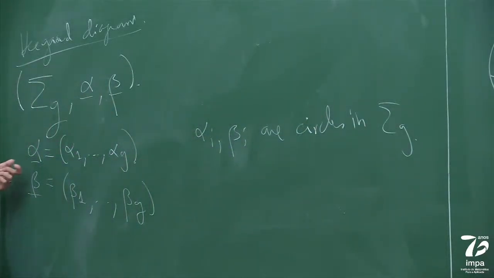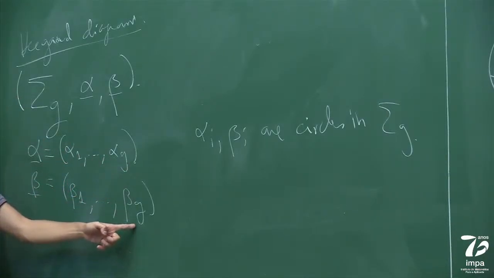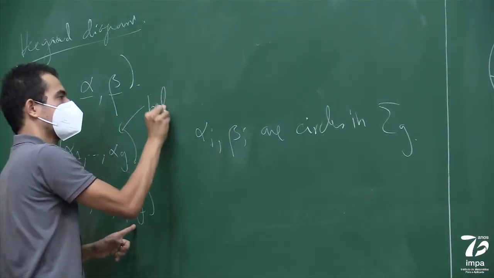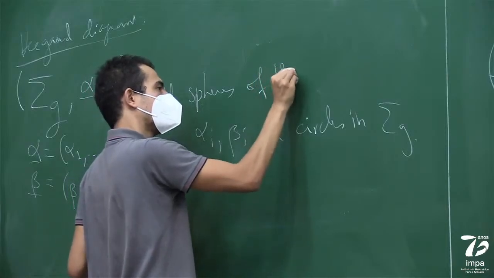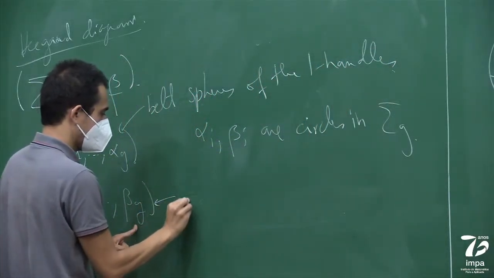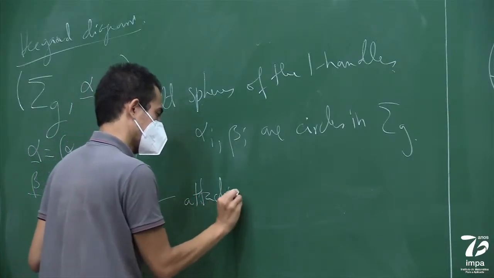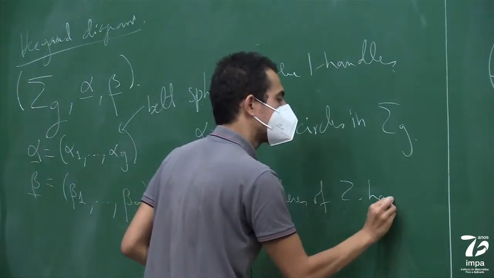And you usually think of the alphas as the belt spheres of the one handles, and the betas as the attaching spheres of the two handles.